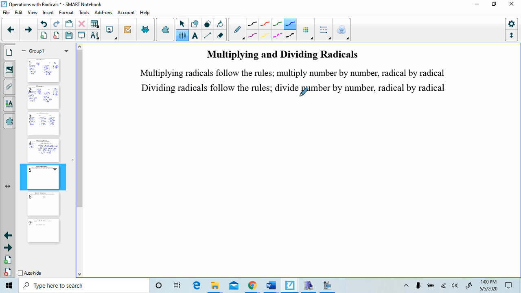Multiplying radicals follow the rules. Multiply the number by the number and the radical by the radical. Okay, when you divide, you're going to follow similar rules. Divide the number by the number and the radical by the radical.